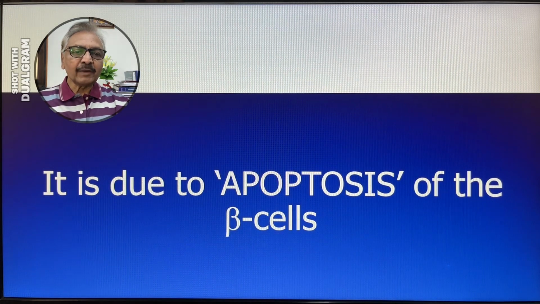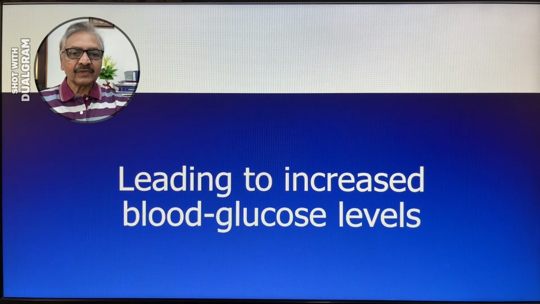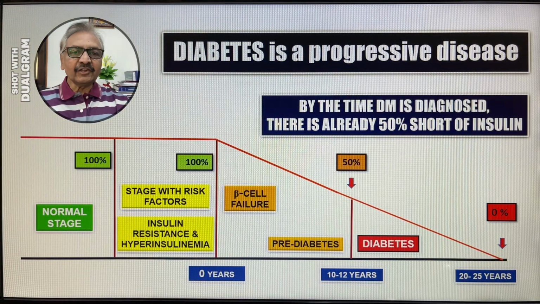It is due to apoptosis of the beta cells. Apoptosis means programmed beta cell death, leading to increased blood sugar levels. This picture clearly shows how beta cell loss progresses and results in diabetes. A diabetes patient is born with 100% insulin.